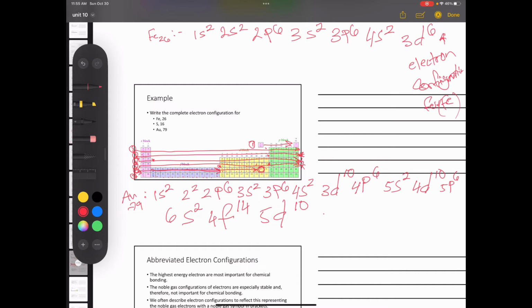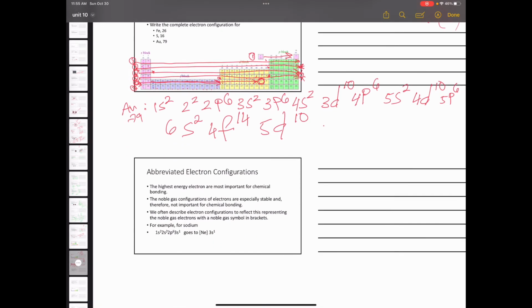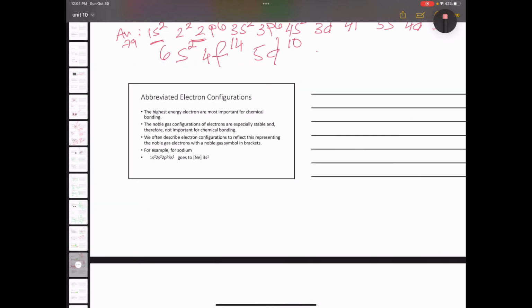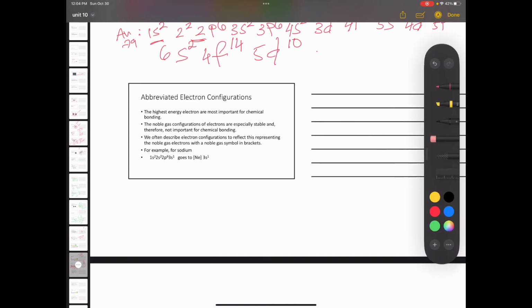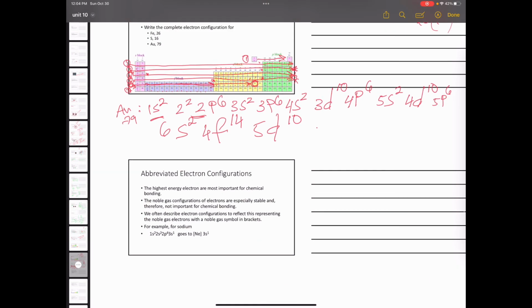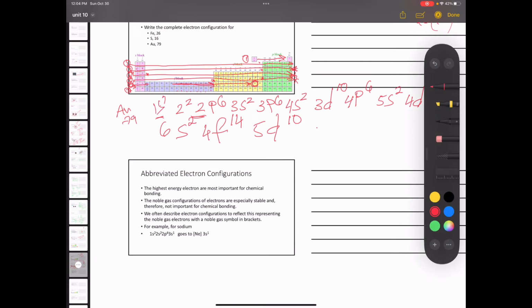And again, if you're using the long version of the periodic table, I think that's fairly easy. So sometimes instead of writing the complete electron configuration, just like we did with gold, which really takes a long time going from every row to the next row on this long periodic table, writing all these sublevels, which is kind of irrelevant to any chemical interaction, because the chances of electrons from the 1s2 orbital or the 2s2 orbital, or even the 2p6, getting involved in any chemical interaction are just not likely.